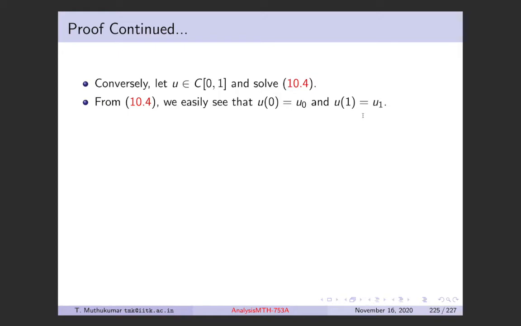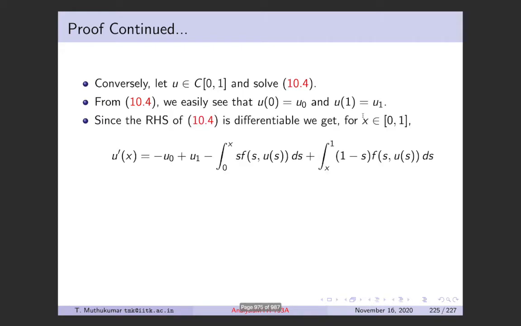What we need to now check is that it satisfies the ODE. So what we do is we differentiate the given equation 10.4. When we differentiate, we have u prime of x, and we are left with u0, u1, because those were first degree polynomials. And then when you differentiate that integral, you are going to end up with this, where we have used the definition of g here.